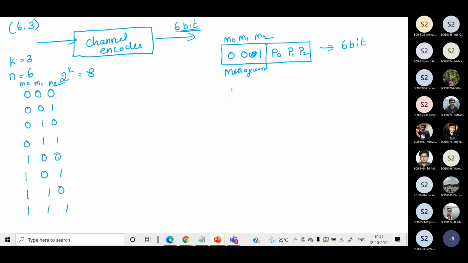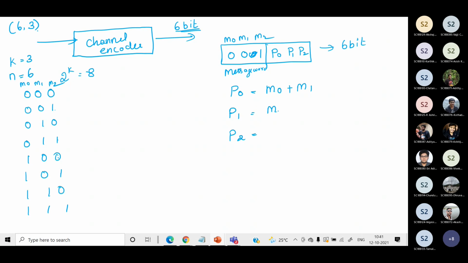So how to add these parity bits? How to generate P0, P1, P2? What information do I have? I have M0, M1, M2. So P0, I can choose as M0 plus M1. You can take any combination.